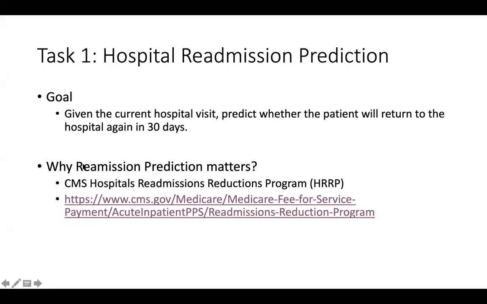So we definitely need a readmission prediction model. When the hospital decides to discharge a patient, they run this model. They apply this model on the patient record and try to estimate whether this patient will end up back in the hospital within 30 days or not. So this is actually related to a lot of money.